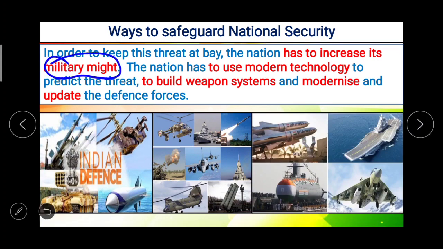Military power, military might has to be continuously increased. The nation has to use modern technology to predict the threat and to build weapon systems and modernize and update the defense forces. These are the ways to safeguard national security. And then, resolving conflict by taking recourse to war.